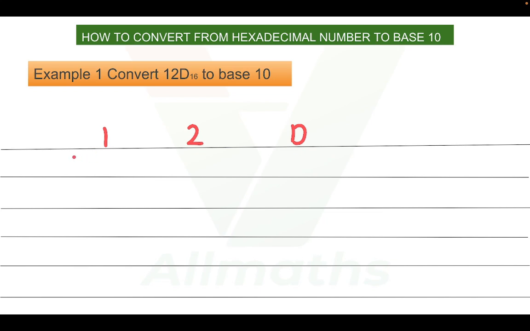So we're having 1. As I said earlier, you multiply by the base you're coming from, which is base 16. Add it together. 2 multiplied by 16. Add it together. And this time around, we are no longer having D. We're having what? 13. That's what D is representing here.